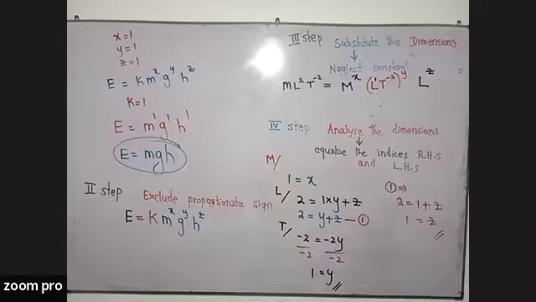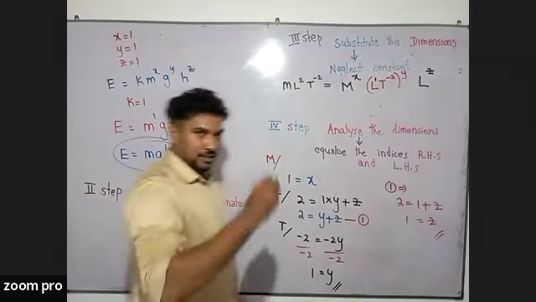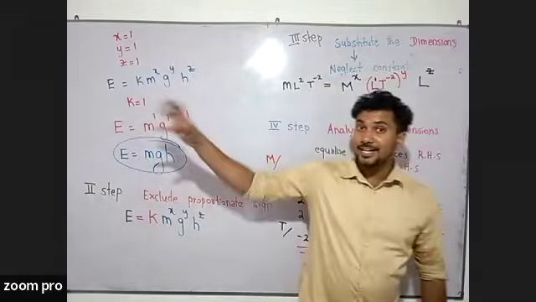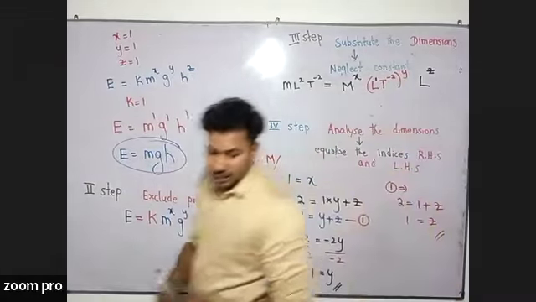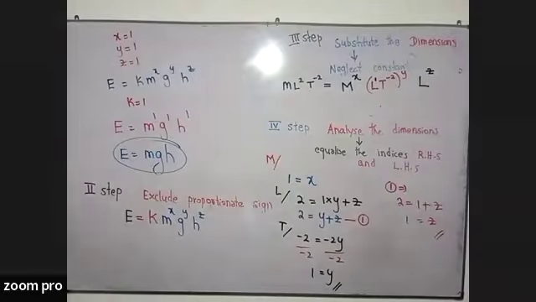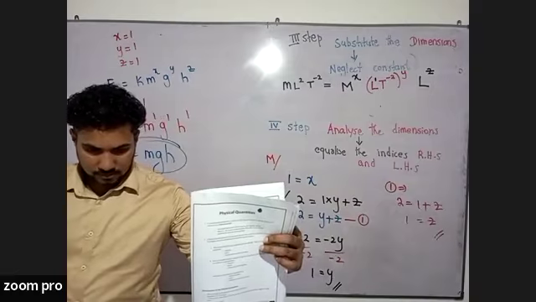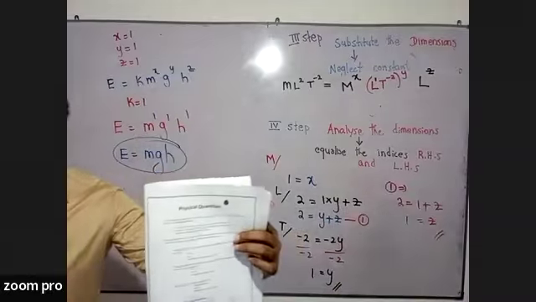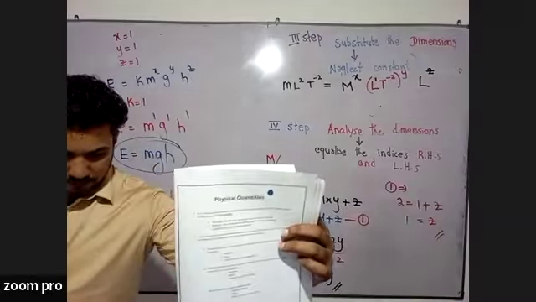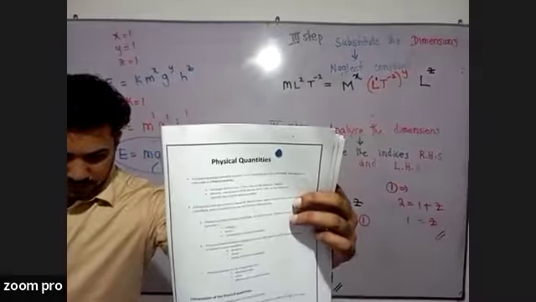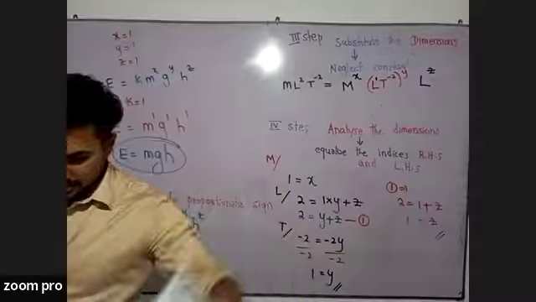Great, brilliant. Okay, so this is the way that we obtain the equation by considering dimensional analysis, right? Okay, now let's take our tubes. Let's take this tube. This one, right? Physical quantities.